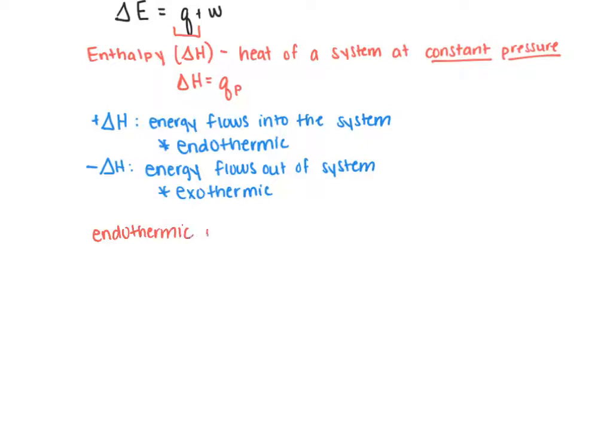So an endothermic process to us will feel cold because the energy is flowing out of our hand and into the system. And an exothermic process will feel warm to the touch because the system is releasing energy, and our bodies will pick up on that and it'll feel warm to us.